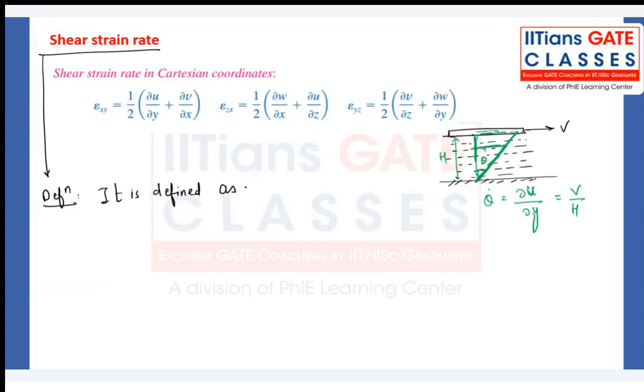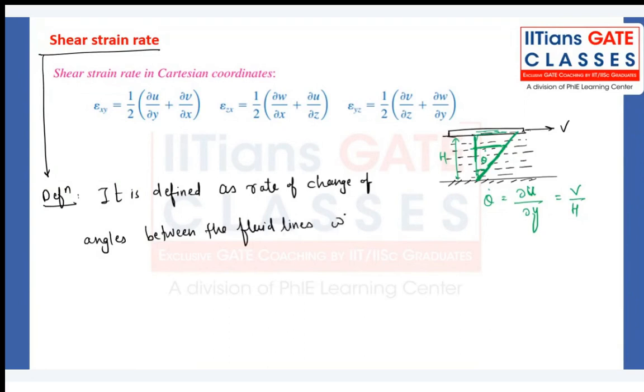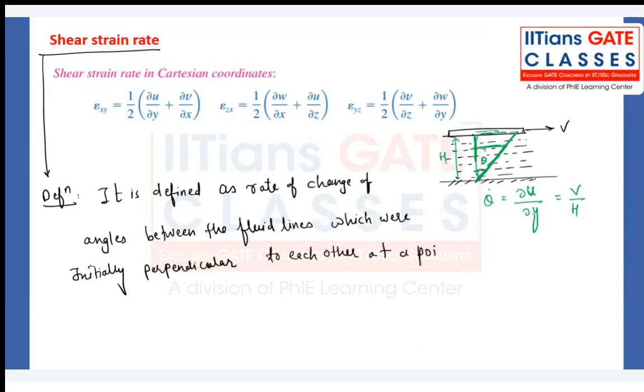It is defined as the rate of change of angles between the fluid lines which were initially perpendicular to each other at a point.